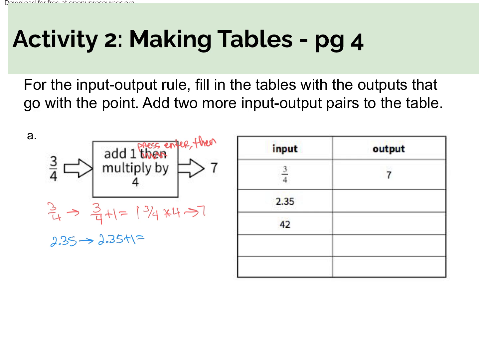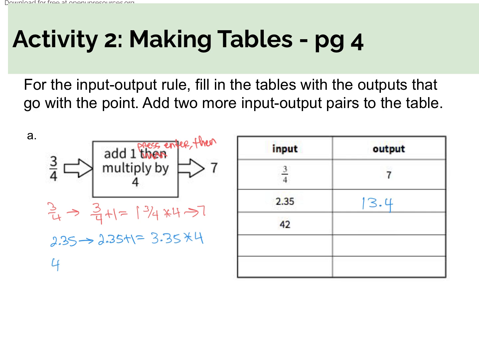So we have 2.35, we add 1, and that's 3.35. We take that and multiply it by 4. So we do 3.35 times 4. Our answer is 13.4.